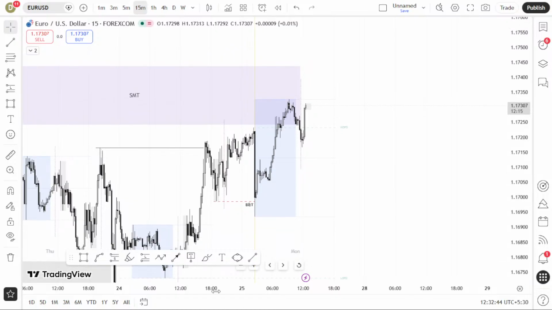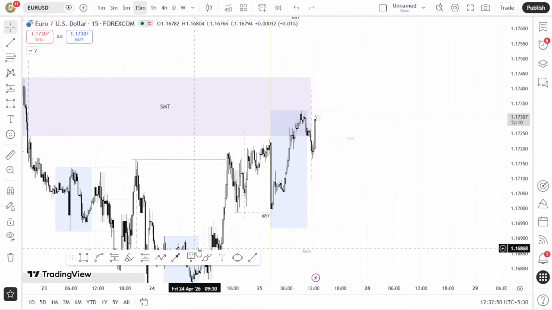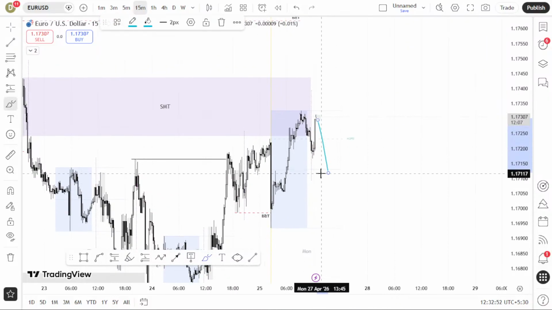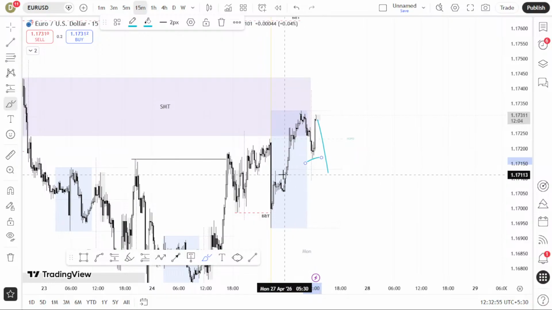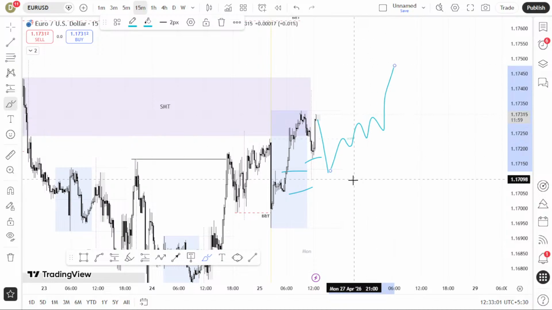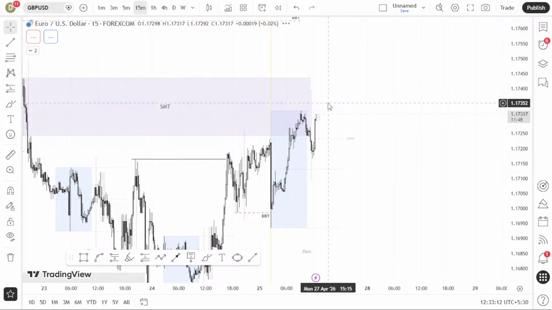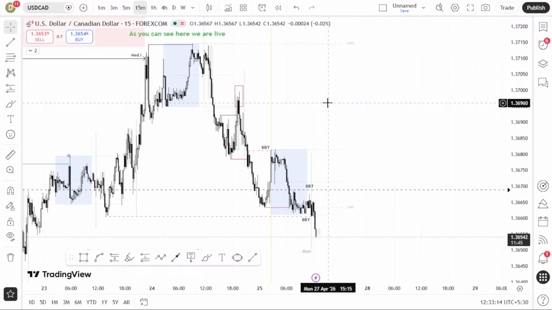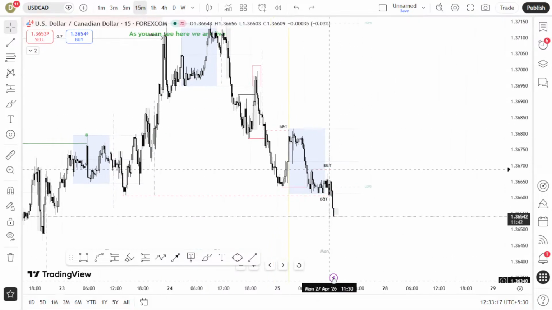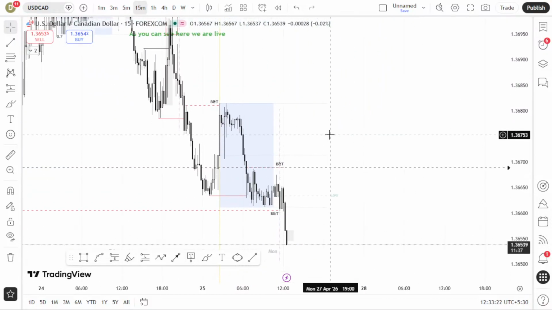Looking at all the pairs, even if you look at Euro USD, we could see inducement of this zone, mitigation here. We could buy off this area, but this trade would be a counter trend trade, so I don't think we should be trading this. Well, if we hadn't found any other trade opportunities, we could look for this one, but I think USD CAD is a better option to trade this afternoon. Yes, USD CAD would be the best option.